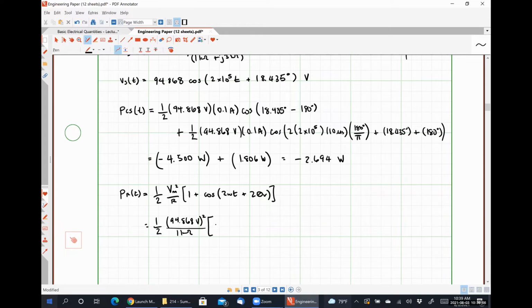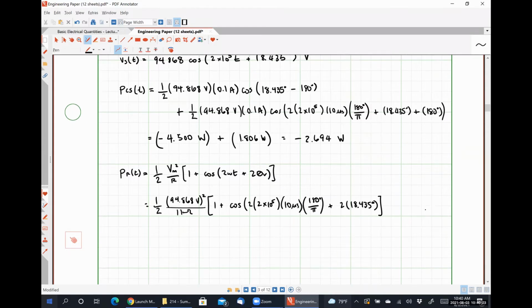This is going to be multiplied by 1 plus cosine of twice 2 times 10 to the 5, 10 microseconds times 180 degrees over pi plus twice of 18.435 degrees. And so let's throw this guy in our calculator.